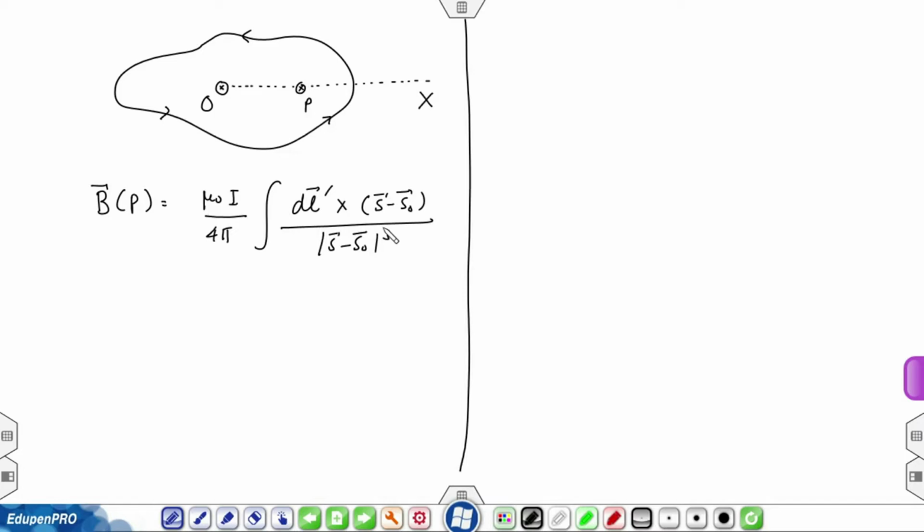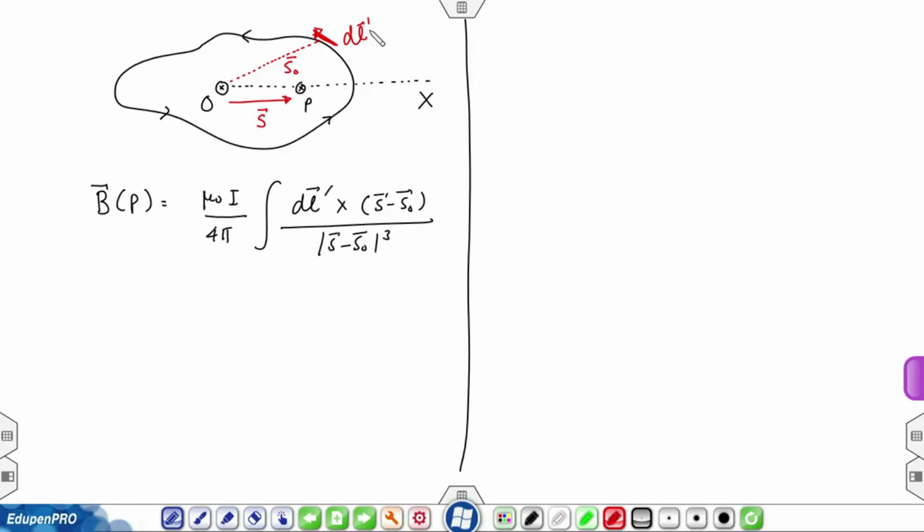Let me explain what this is. The vector from O to P is s, because this is where I am calculating the field, and the vector from O to the d l prime that I am taking is s naught, and I am integrating over this.